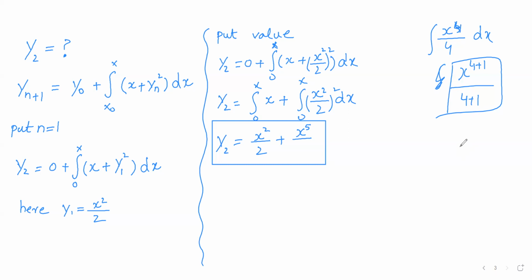For example, if we take x5 by 20, the derivative is the power reduced by one. Okay, so this one is correct. It will be x5 by 20. Okay, great. So this one will be your answer.